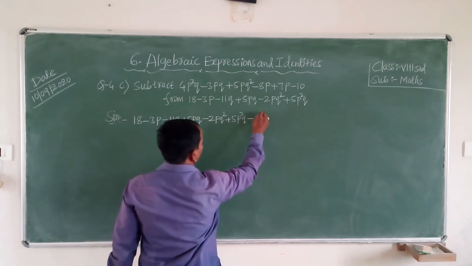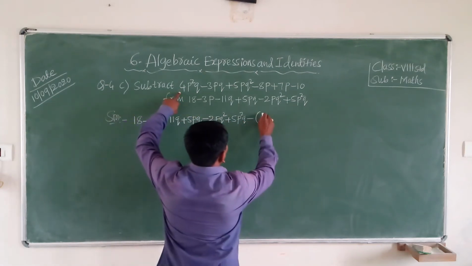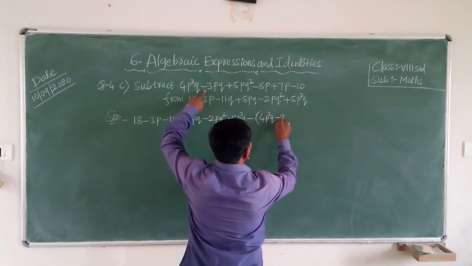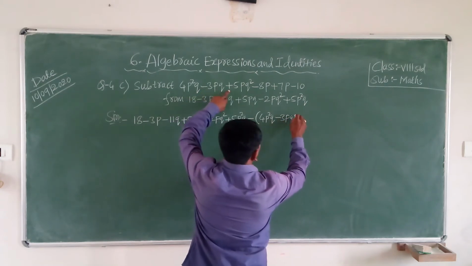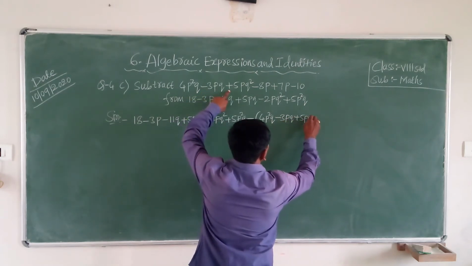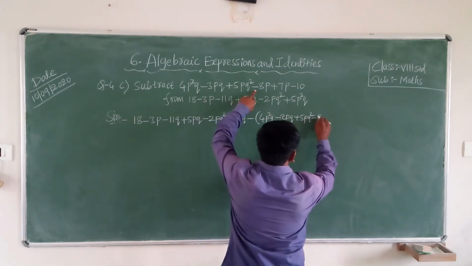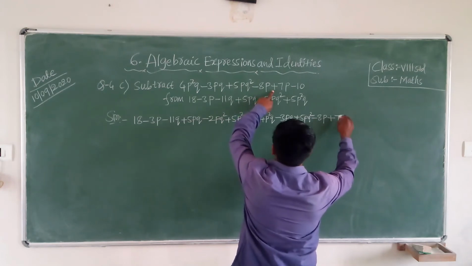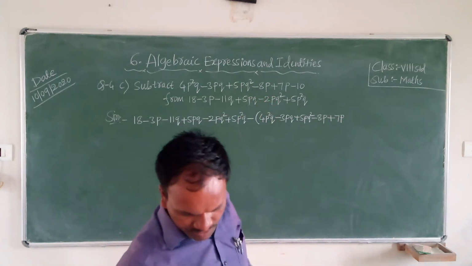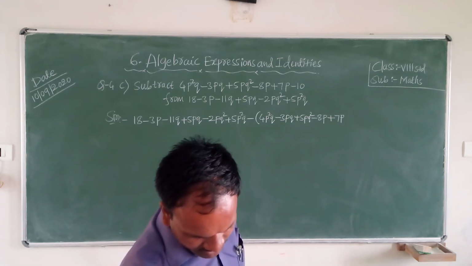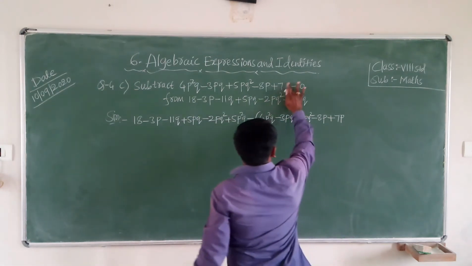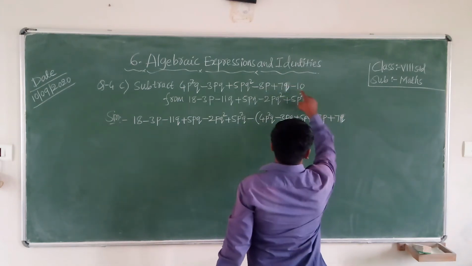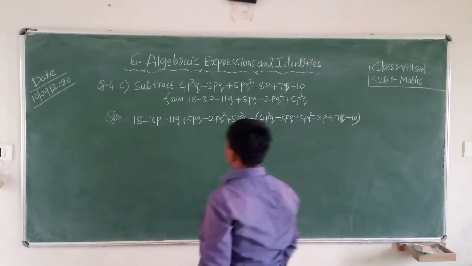Subtract means minus bracket, so this one 4p square, don't get confused, minus 3p cube plus 5p square minus 8p plus 7q. Minus 10, bracket close.